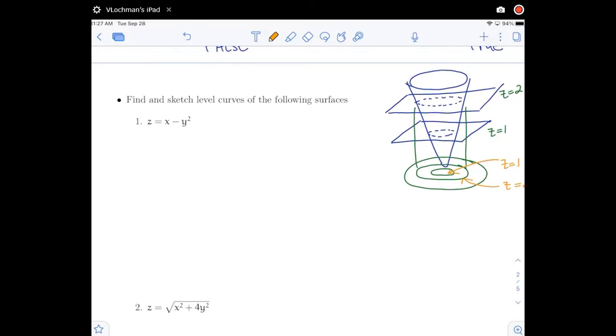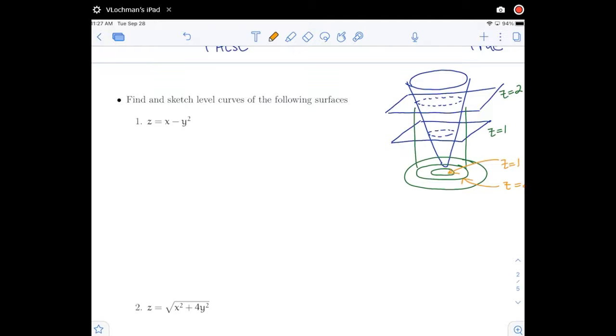Okay, so the first one says find and sketch level curves of the following surfaces. So let's say we don't have a way to sketch this surface. z is equal to x minus y squared. We can still get a pretty good idea of how this behaves.